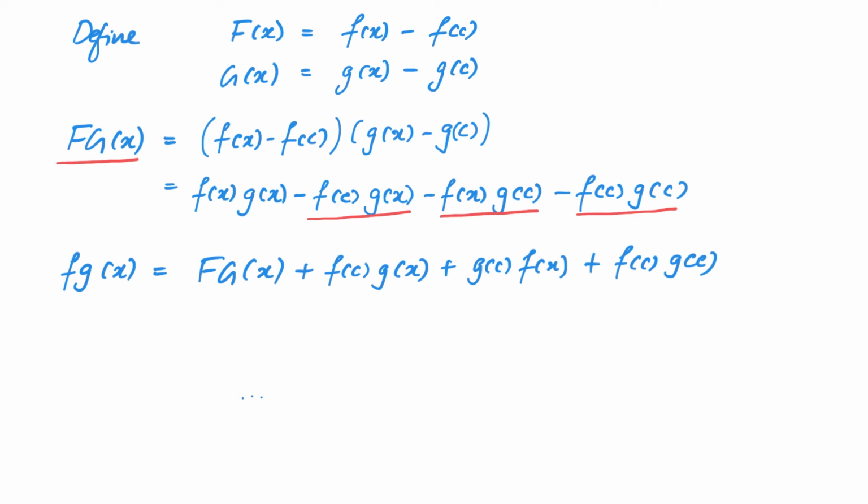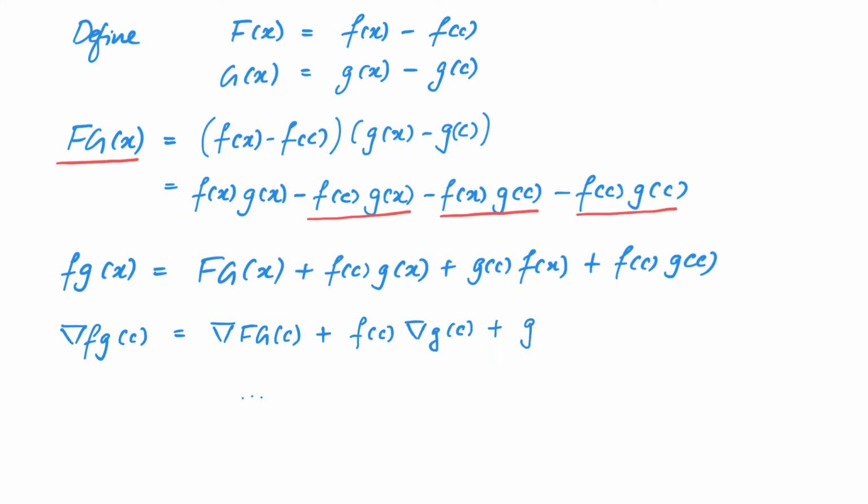Further, it also told us what the gradient was. The gradient of a sum of functions is equal to the sum of its gradients. Therefore, we have to take the gradient of capital FG at the point c plus the gradient of f(c) times g at the point c. But as f(c) is a constant, it comes outside and we get f(c) times the gradient of g at the point c.